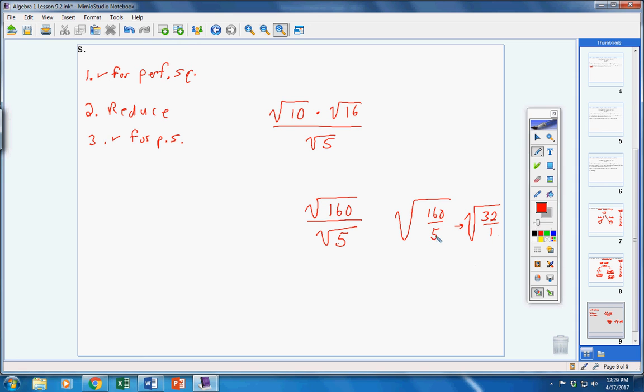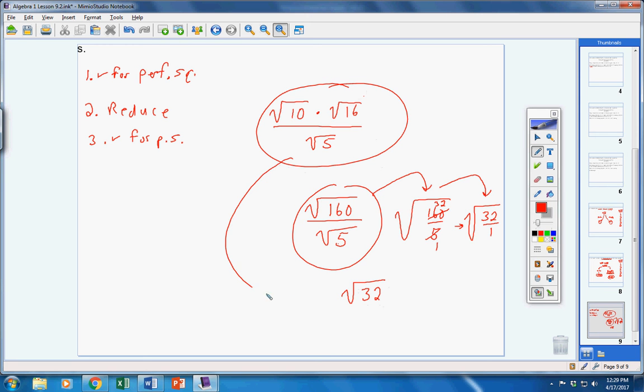Okay? 5 goes into 5 once, and 5 goes into 160 32 times. And 32 over 1 is just 32. So this equals this, which equals this, which equals this. Got it? So I've taken this and I've broken it down all the way to this.